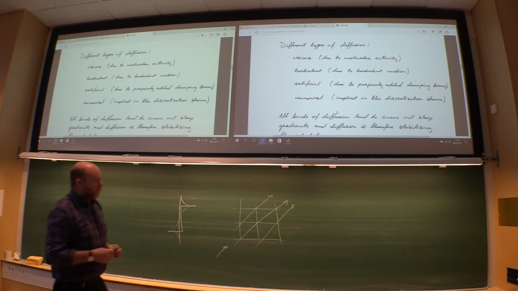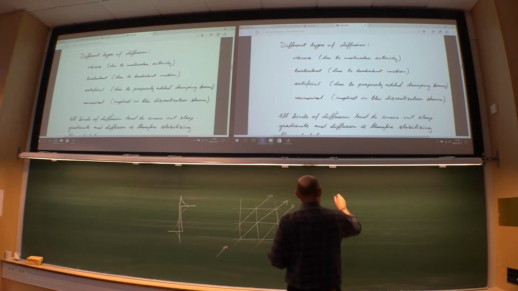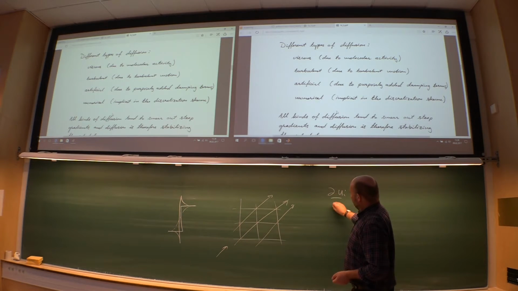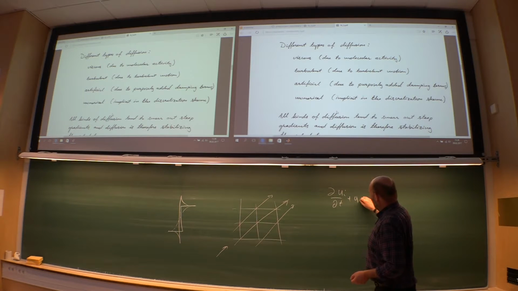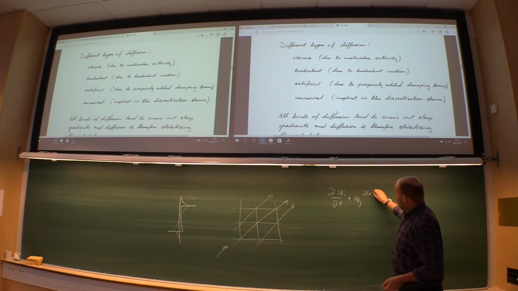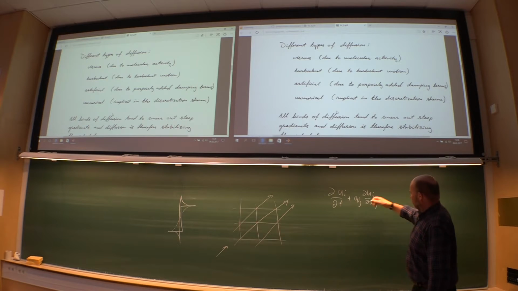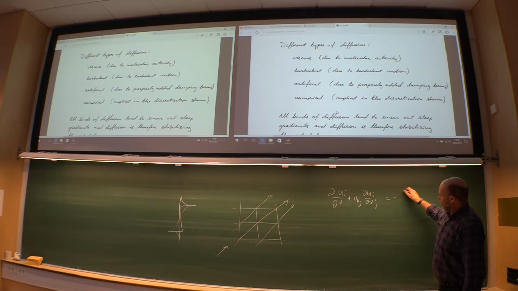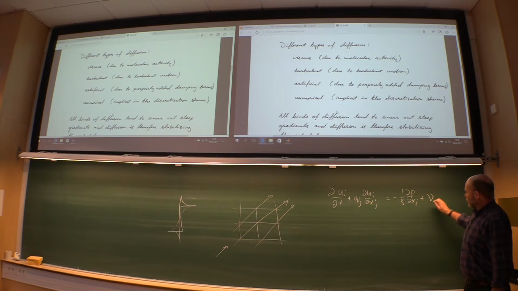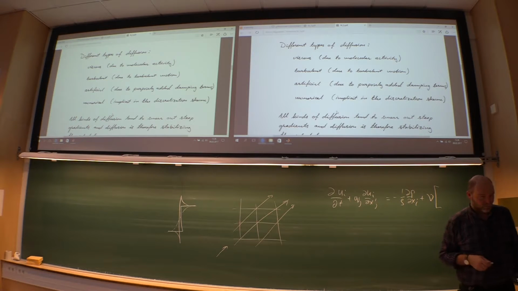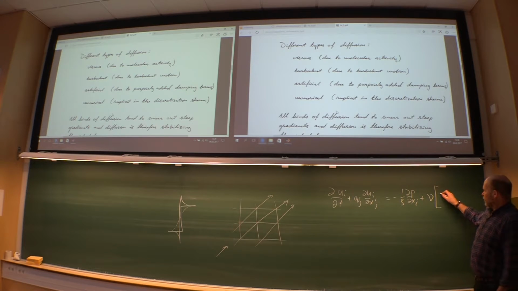So when you write your Navier-Stokes, you have the time derivative, you have the convective terms, here we have some pressure gradient, and then we have a viscosity, and here comes first of all the double derivative.